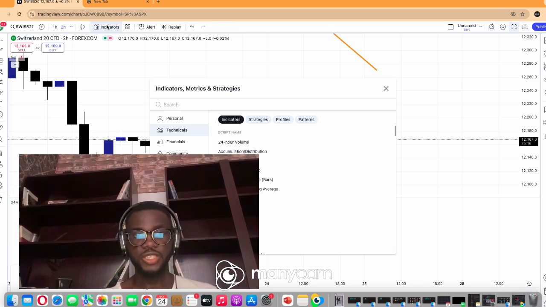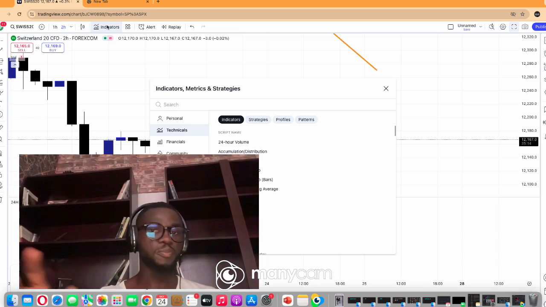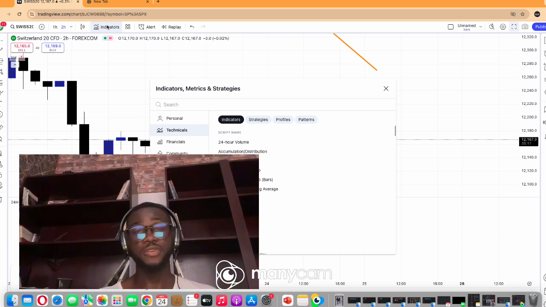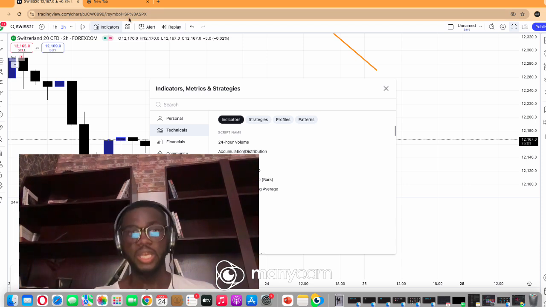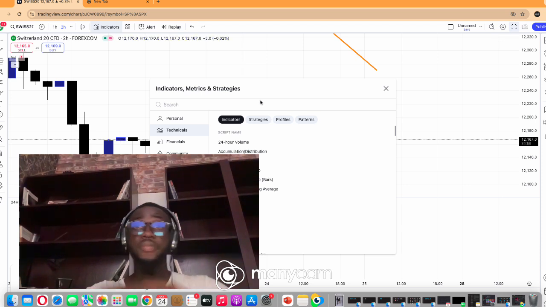You have moving averages like the 20 period moving average, or the 50 period moving average, or the RSI, the relative strength index, and of course you have the volume, which indicates what the current volume of each market is. They are all under indicators, and they are all based on algorithm on how market behavior or money is coming in and out.